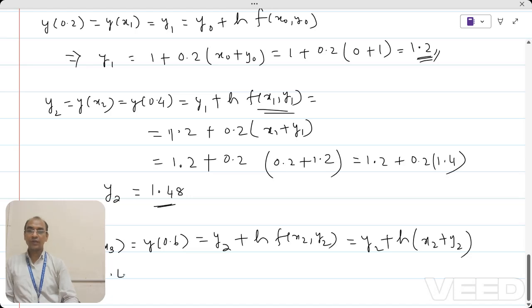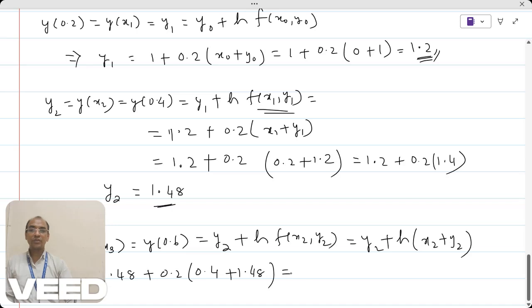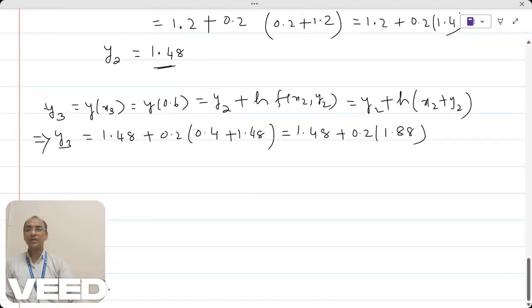So that is 1.48 plus h, which is 0.2, into x2, where x2 is now 0.4 and y2 is already got as 1.48. So this will be 1.48 plus 0.2 into 1.88.